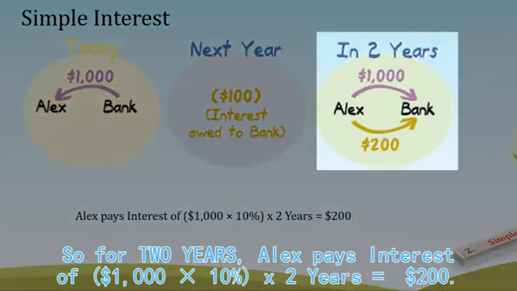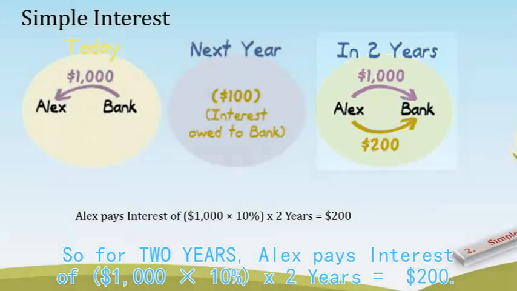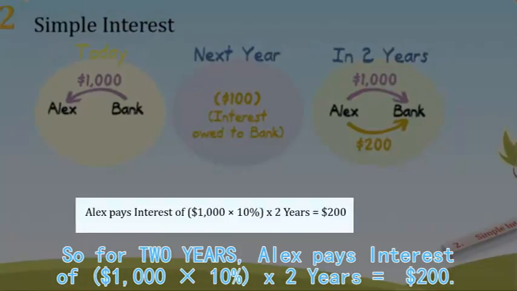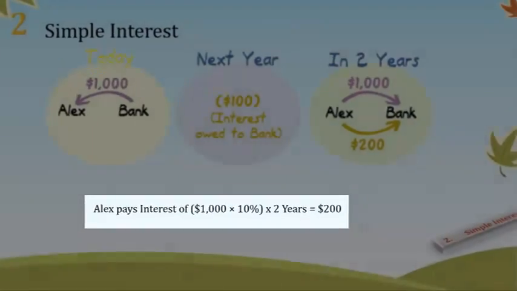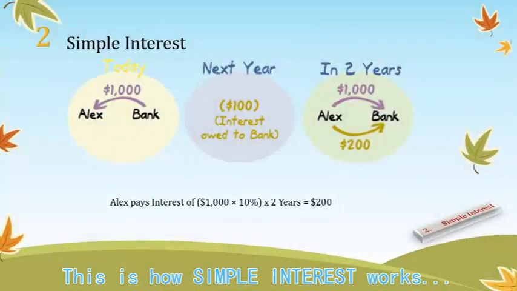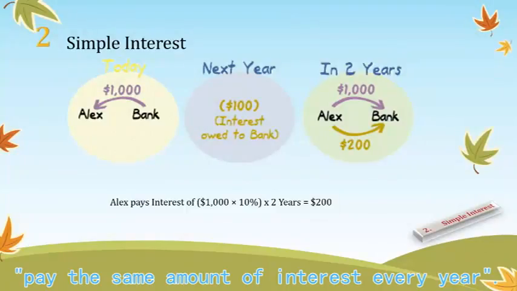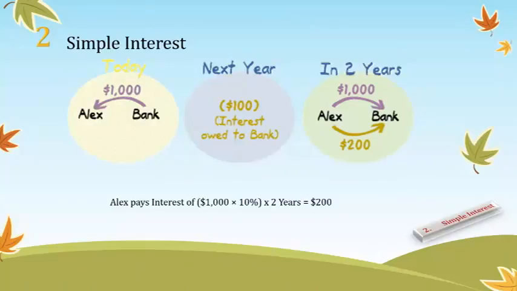So for 2 years, Alex pays interest of 1,000 times 10% times 2 years, which is $200. This is how simple interest works. Pay the same amount of interest every year.